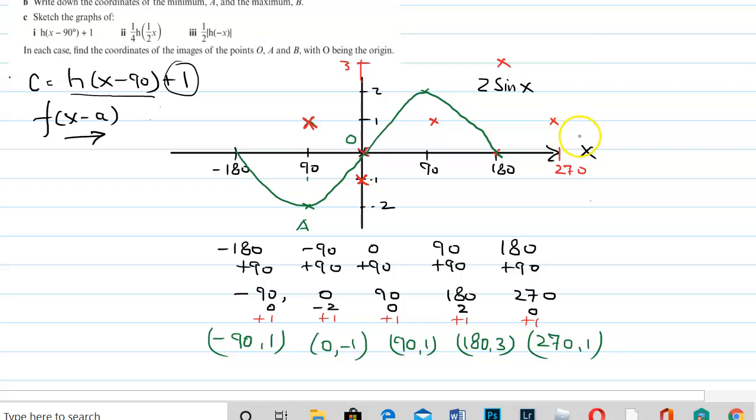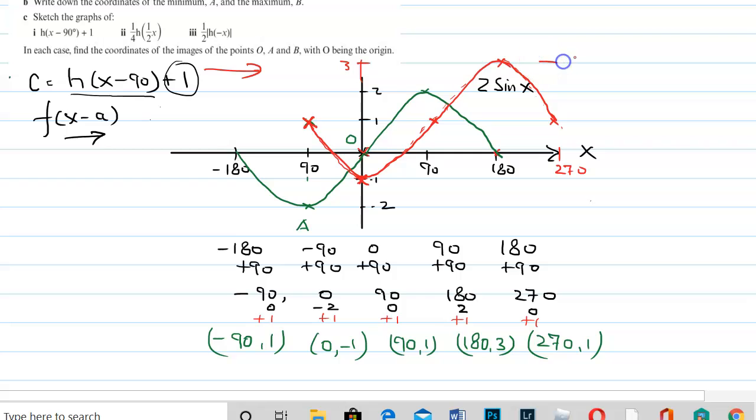So if we draw the graph, this graph is the graph of the first part, h(x minus 90) plus 1.